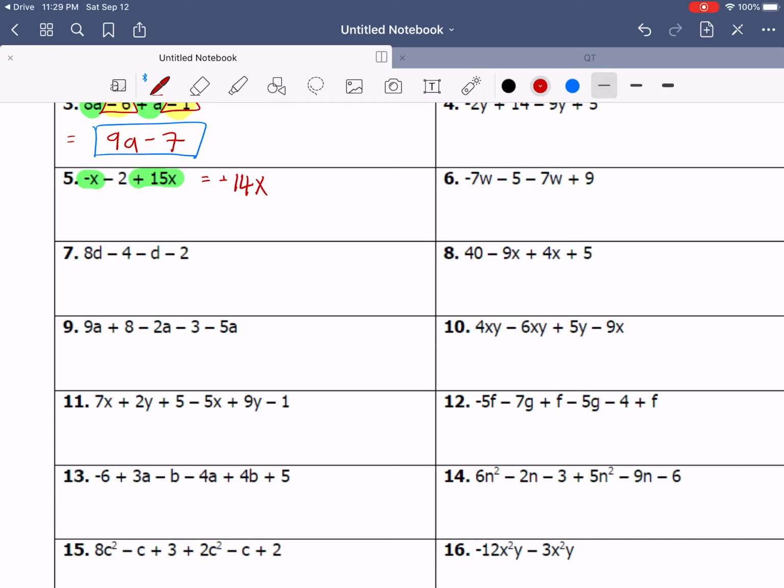You don't have to put positive in front of it because we are lazy. But when it comes to a negative sign, you have to put it. Next, we have negative 2 left over, but we don't have anything else. So we just put minus 2 at the end.